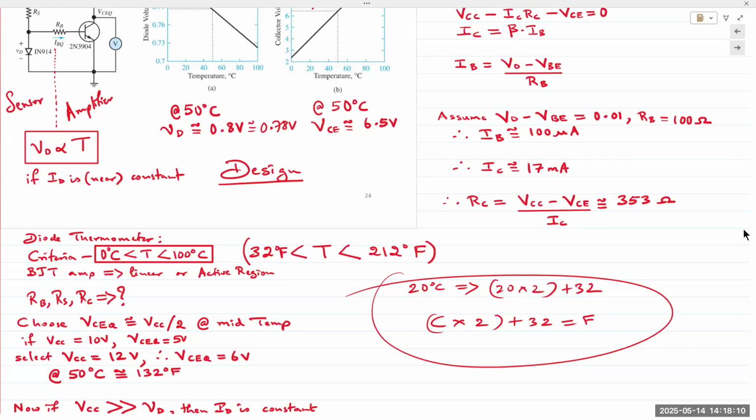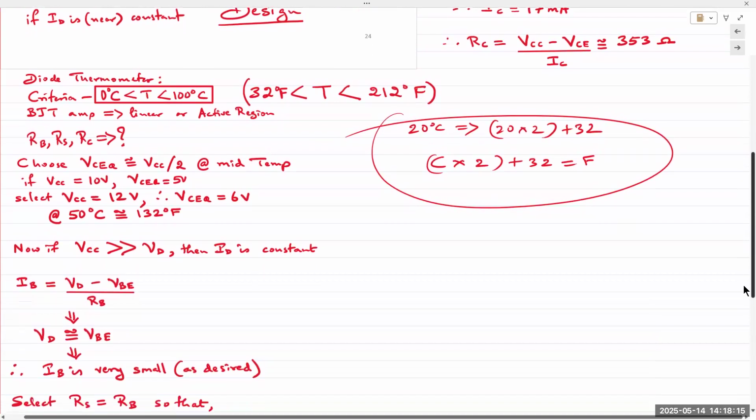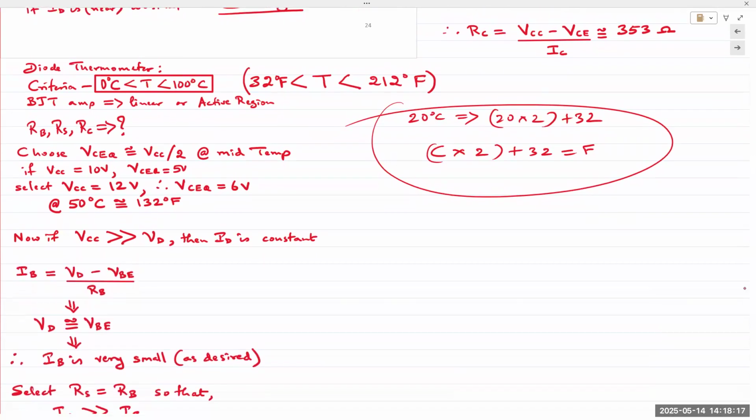In this case, the diode voltage is around 0.7, 0.8 volts. We can bias the diode with a voltage in excess of, say, 10 times or more, right? So if it's 0.8 volts, we should apply at least 8 volts VCC.